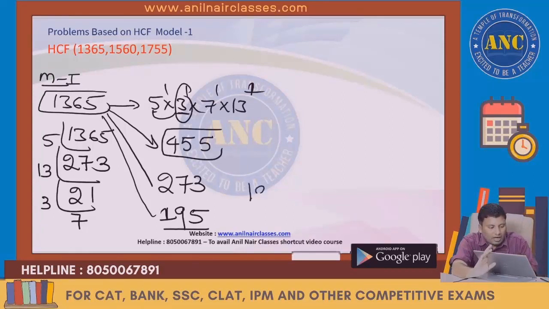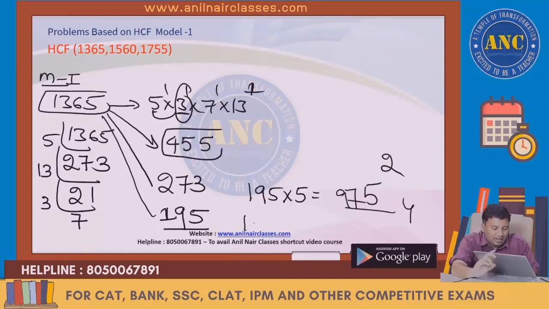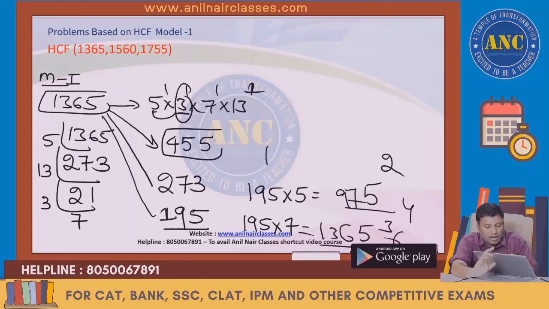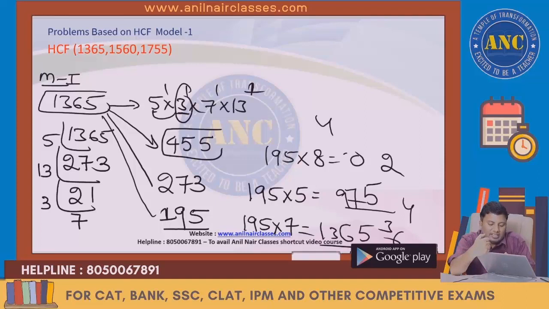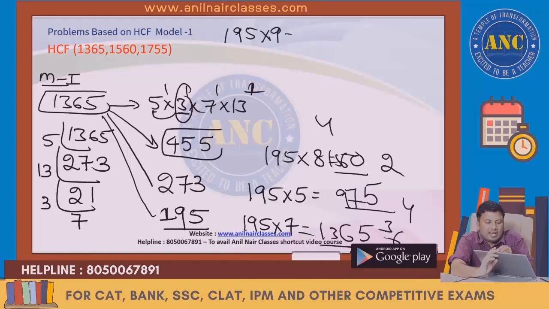Check it out, sir. 195 into 7 is 1365, it is possible. 195 into 8 is 1560. 195 into 9 is 1755. So answer for this question is 195.